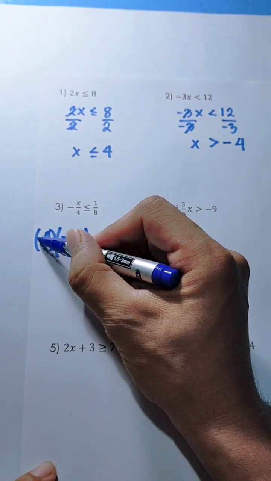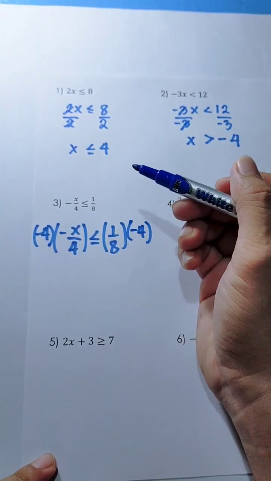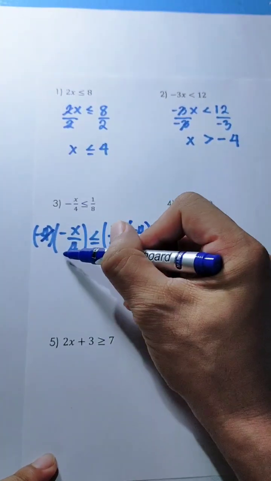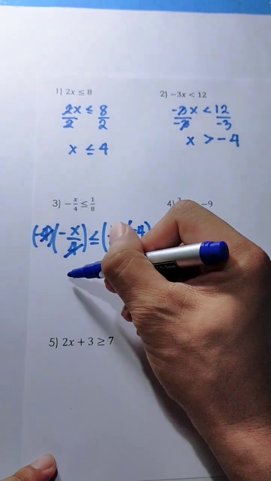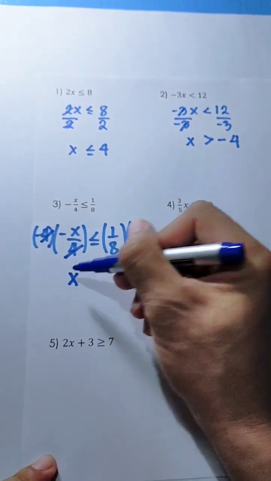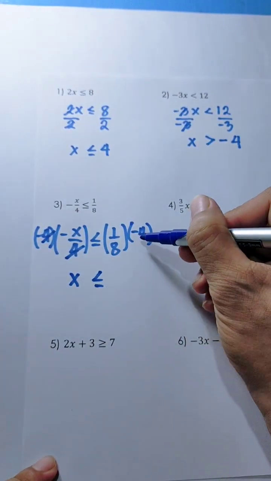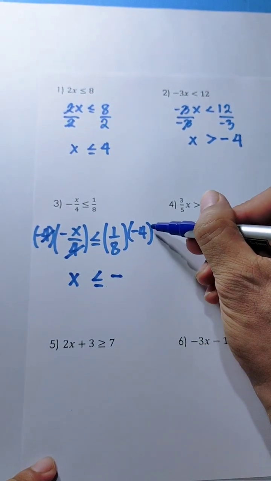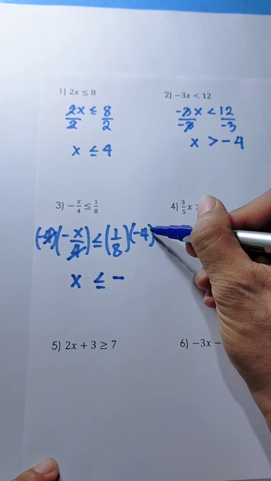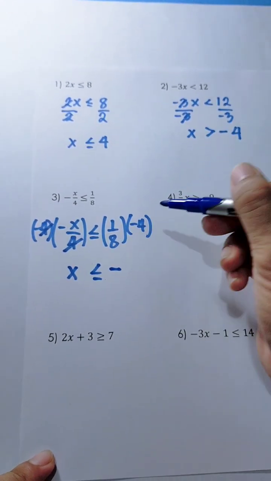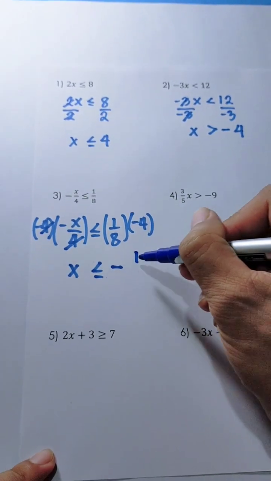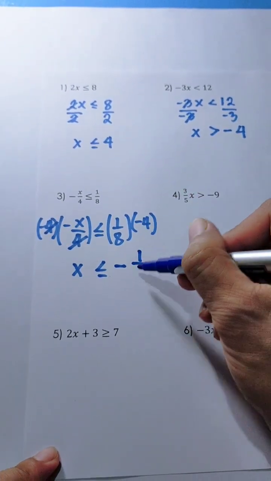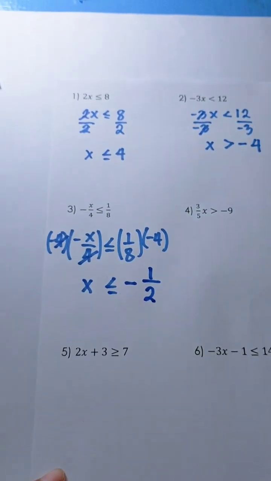So that negative times negative becomes positive, and the 4 will cancel out. Negative times positive is negative. 4 is a common factor of 4 and 8. 4 divided by 4 is 1. 8 divided by 4 is 2.